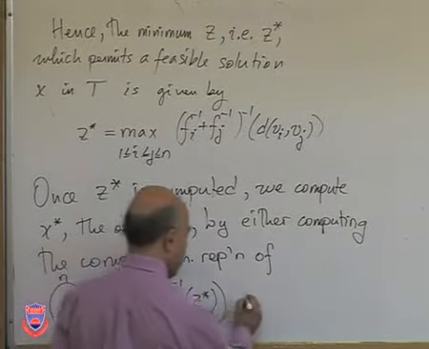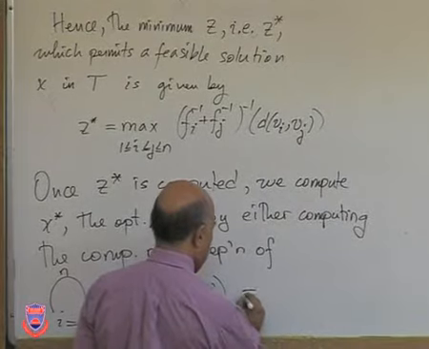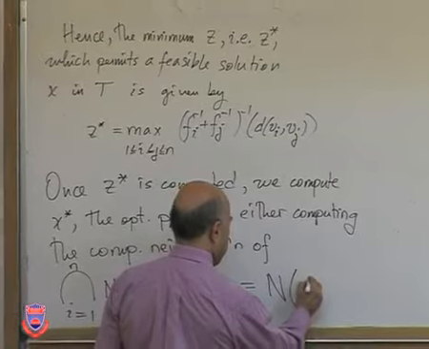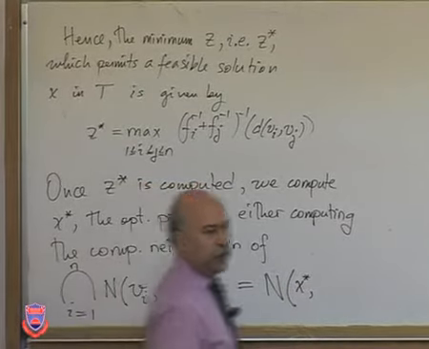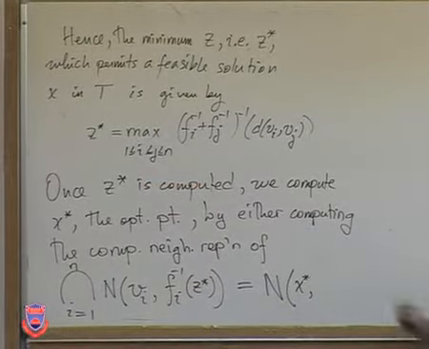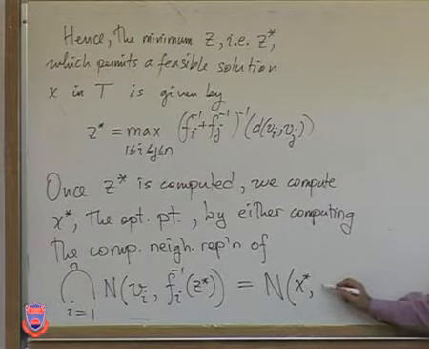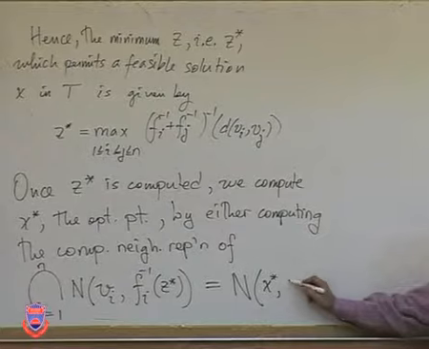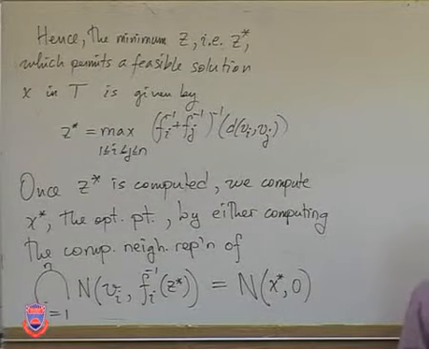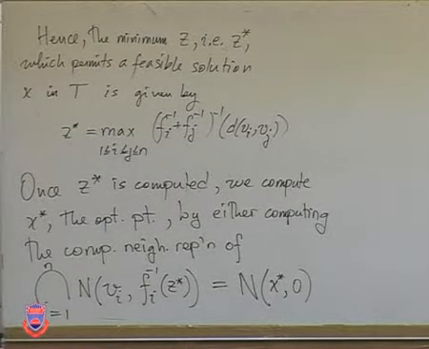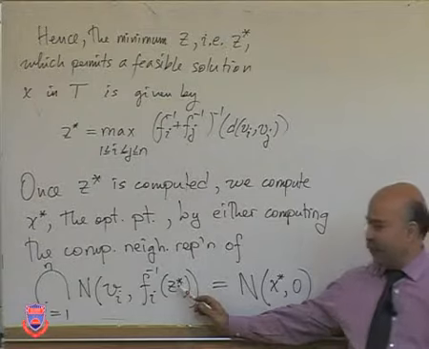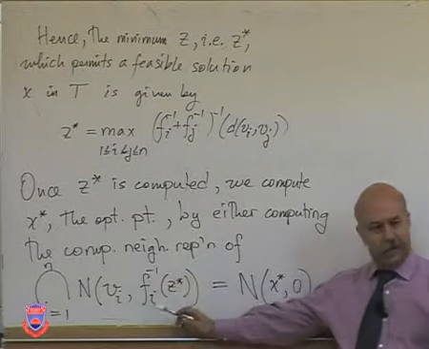It's going to output some neighborhood whose center will be some point, which we have as x star, and what is going to be the radius? Again, it's going to be 0. It's going to be unique, because if it's not 0, you can reduce z star by a little bit, which decrease. Did I say increase?